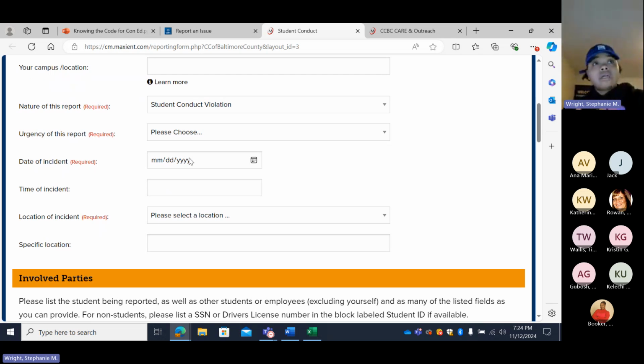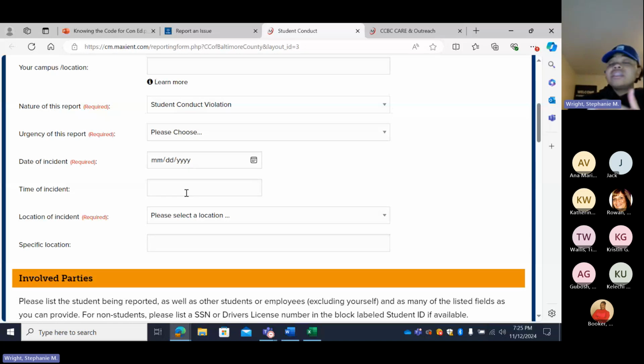Sending it into us a week later, it doesn't help us address the behavior quickly. It doesn't allow us to see if this behavior is continuous in other places, right? Because another faculty member could be dealing with something similar. And then we see both of those reports come in around the same time and we say, okay, there is something much larger going on with the student. So timely reporting is important.